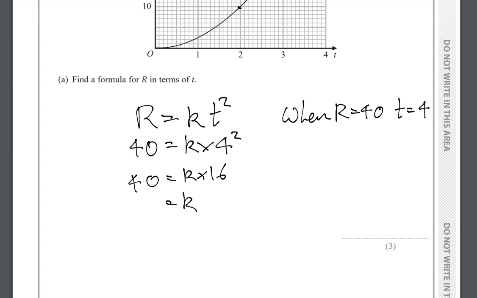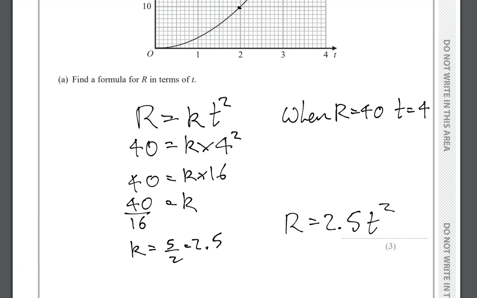That means k is 40 divided by 16, so k is 5 over 2 or 2.5. So the formula is R equals 2.5 t squared.